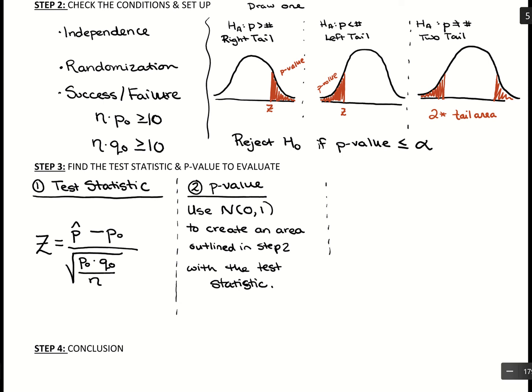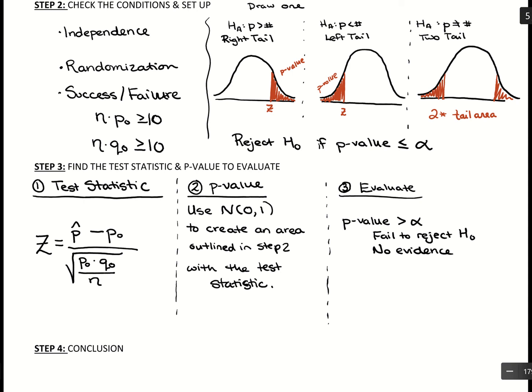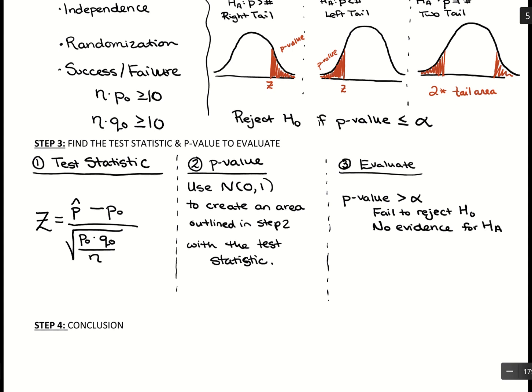And then the last piece here is to figure out what's going to be in our conclusion. This is where we evaluate. You're going to compare your p-value to the significance level. If it's larger than the significance level, then we fail to reject the null, which means no evidence for the alternative hypothesis, which is the wording that we would actually use in our conclusion.